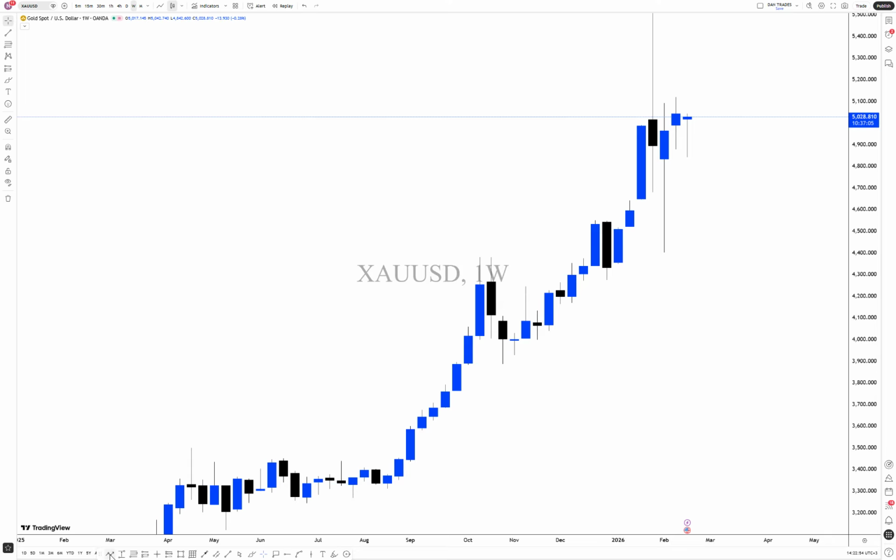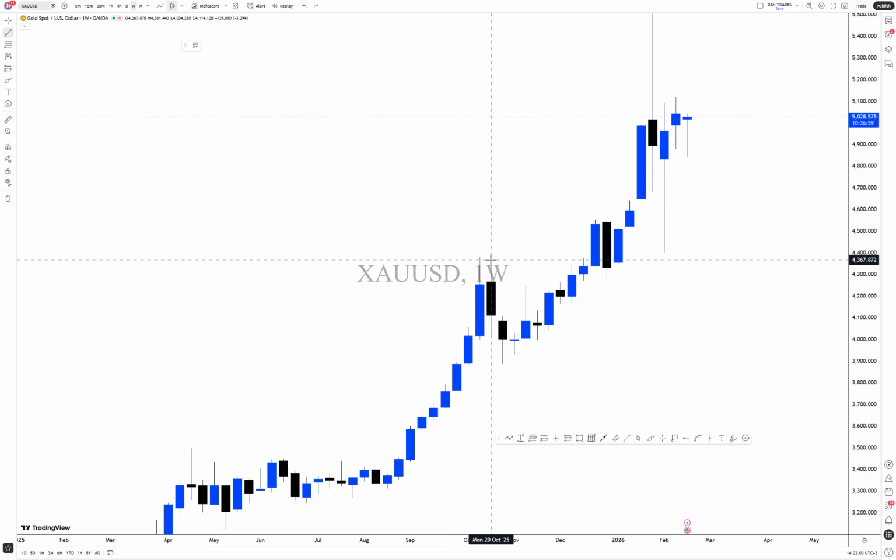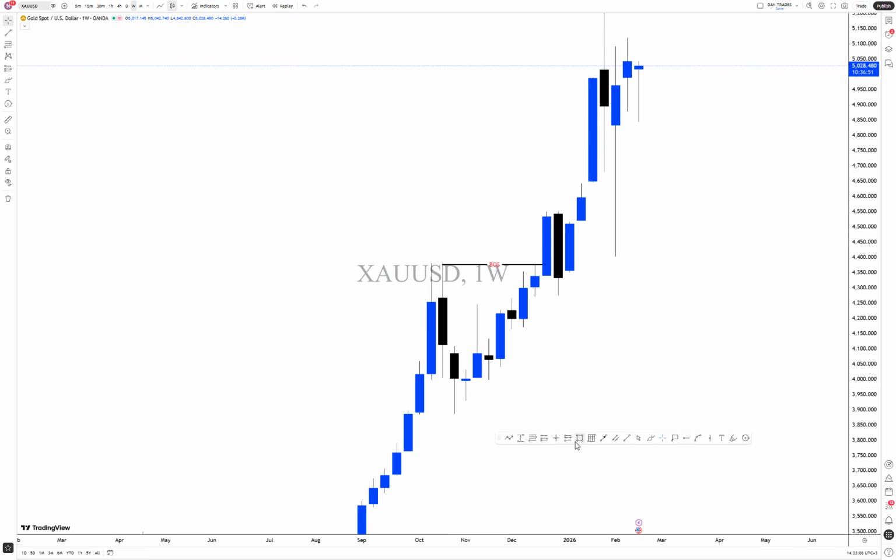So if we come to the weekly time frame, on gold I can see that we have this breakout structure right here. Around this level, when we broke above this area, we call that a breakout structure, right? This area initially acted as what?